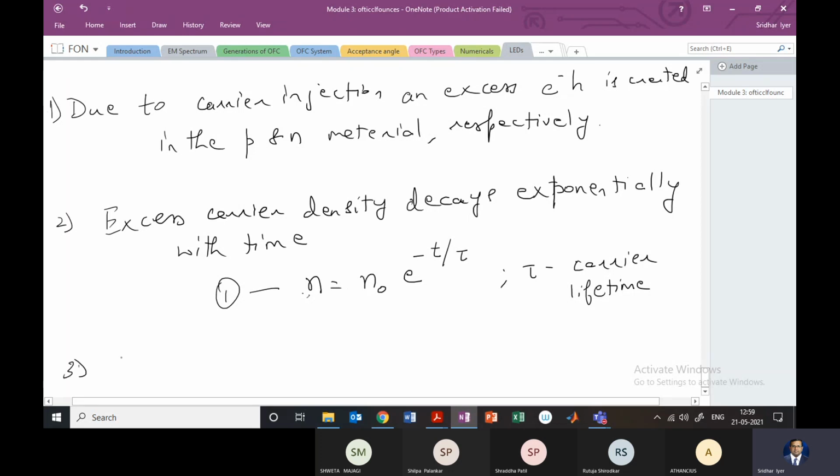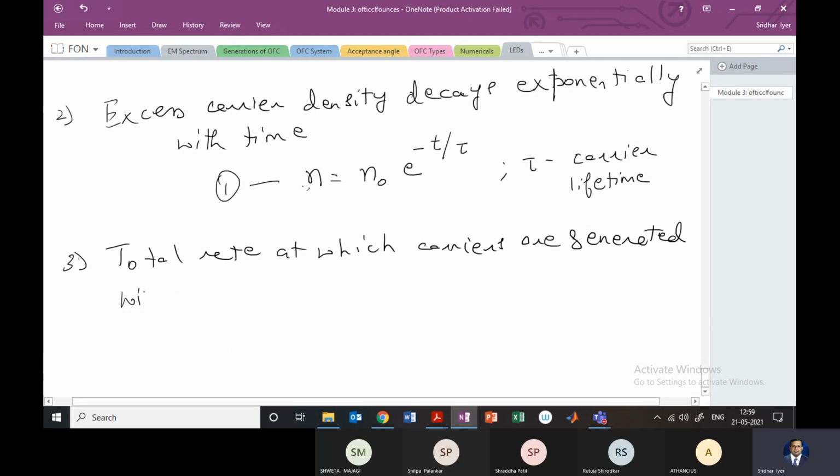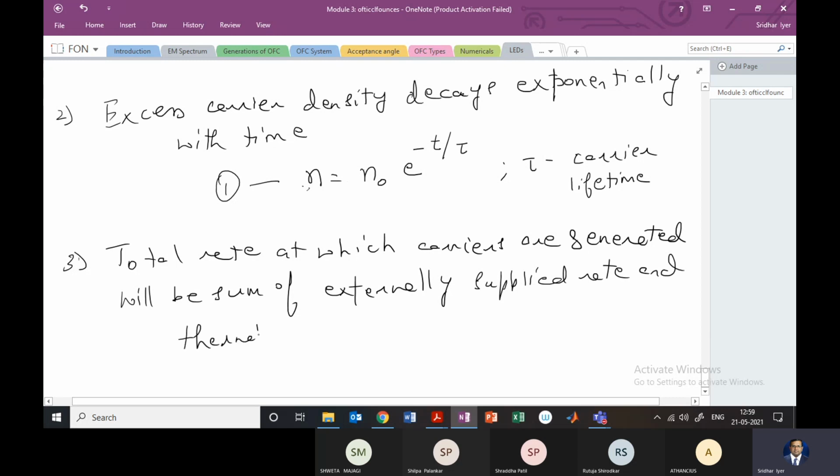So next point, the total rate at which carriers are generated will be the sum of externally supplied rate and thermally generated rate.